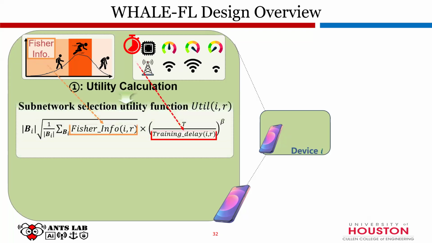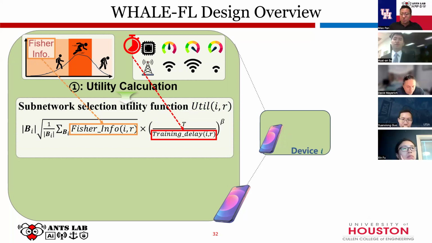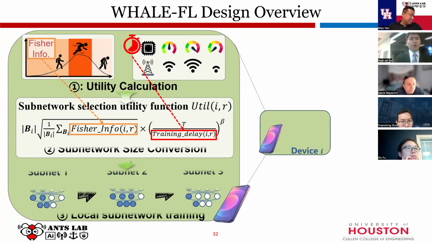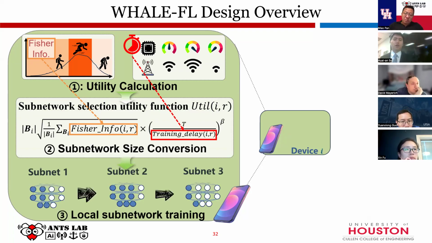Then we will perform the utility calculation by collecting the Fisher information and the training delays, and we run the selection utility function, UTIL, where B basically stands for the batch for device i. In the second part, we do the subnetwork size conversion, where we use the utility function and transform it into the actual subnetwork sizes, ranging from 0 to 1.